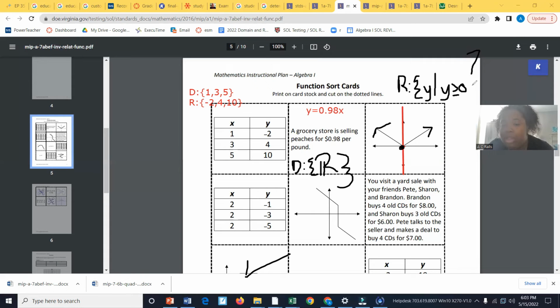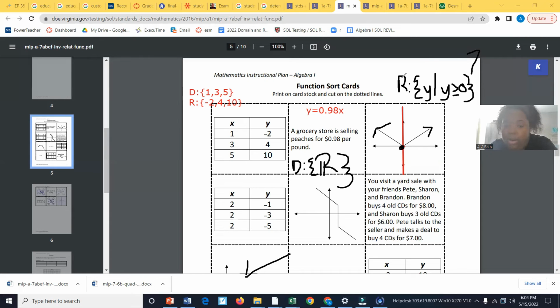So that would be your range for this particular graph, because the range never goes below 0. You have to state that the range would be all the values of y such that y is greater than or equal to 0. Hopefully that makes sense. If the graph was flipped downward, then it would be the set of y such that y is less than or equal to 0.